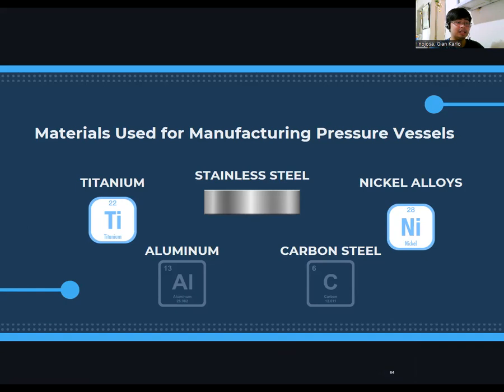Then the stainless steel, it is also extremely resistant to chemicals, has a high resistance to corrosion, and has the capability of withstanding humid conditions such as sunlight or high temperatures. Next is the carbon steel, which is an excellent material in tensile strength.